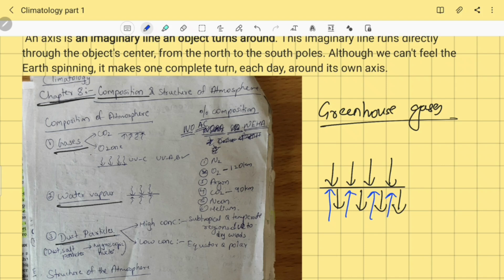So when they block it here, we experience heat, right? Those gases which allow sun radiation but block the escape of heat radiation from earth are known as greenhouse gases. So I hope now this is clear to you, what are greenhouse gases.